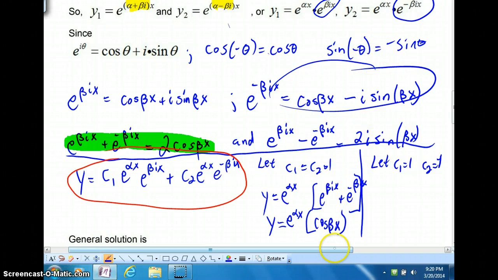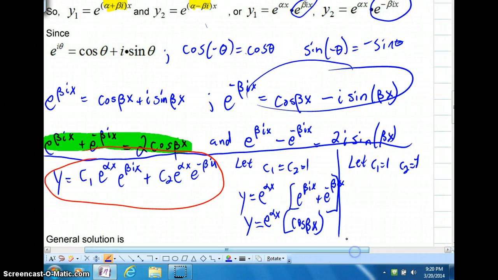What if we chose our first constant to be a 1 and our second constant to be negative 1? If we did, what we would wind up with is factoring out e to the alpha x. We'd have e to the beta ix minus e to the opposite beta ix.